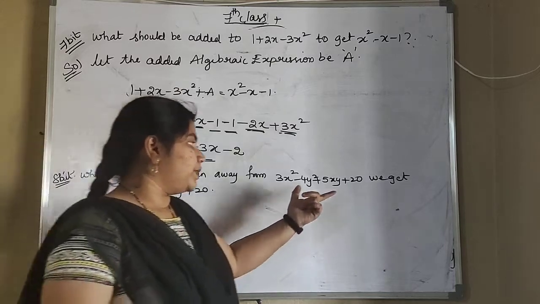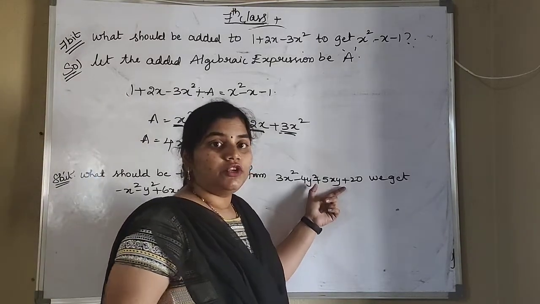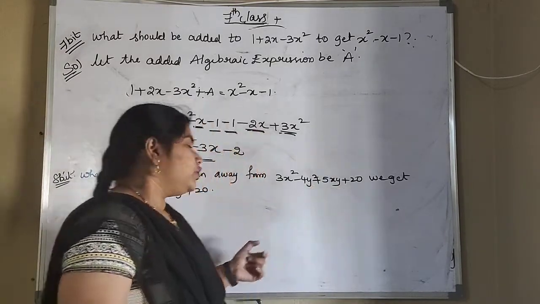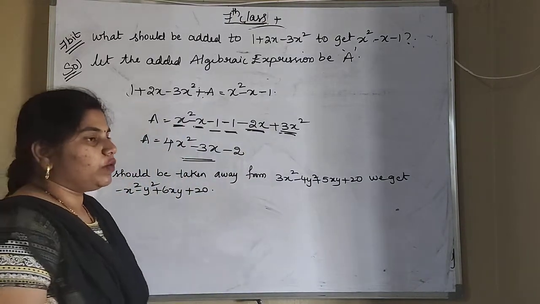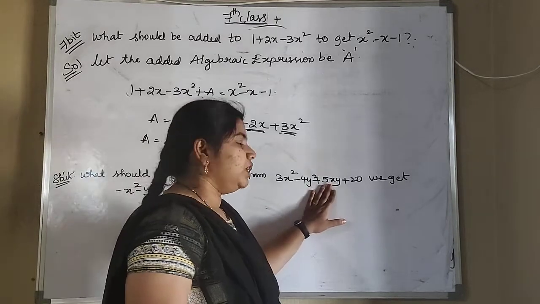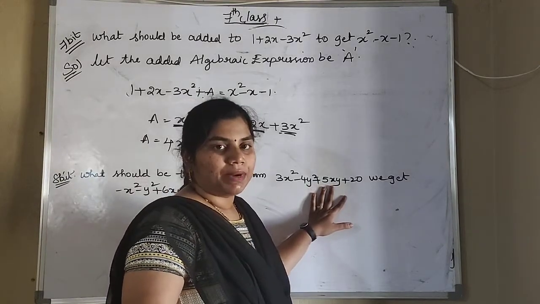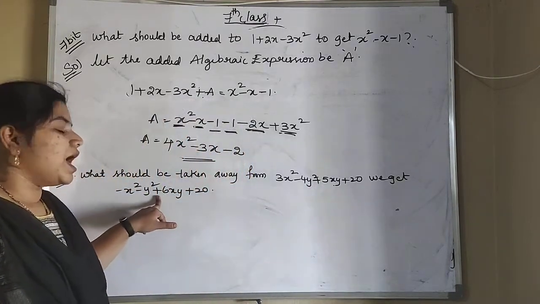So from this expression, which expression you will subtract to get the result as this expression, they are asking. Okay, what is the question? From this expression, which expression you will subtract to get this answer?